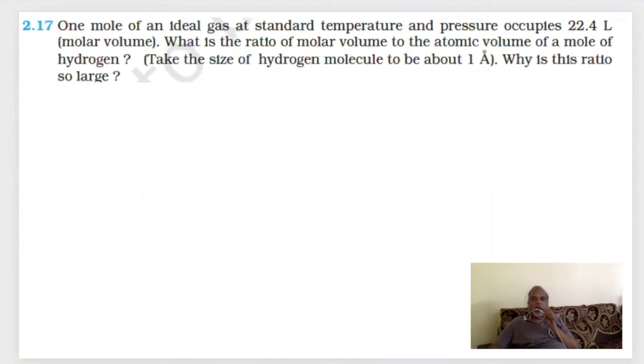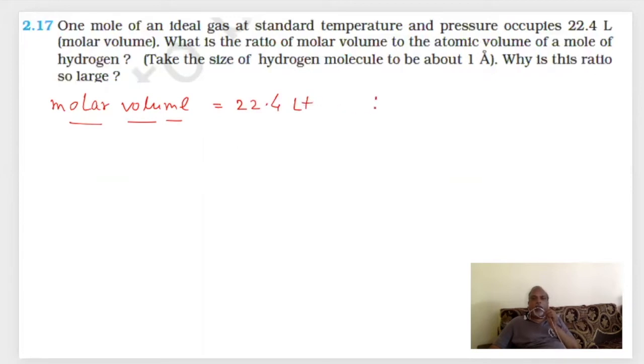This is basically molar volume. This is the volume of 1 mole, that is given as 22.4 liter.